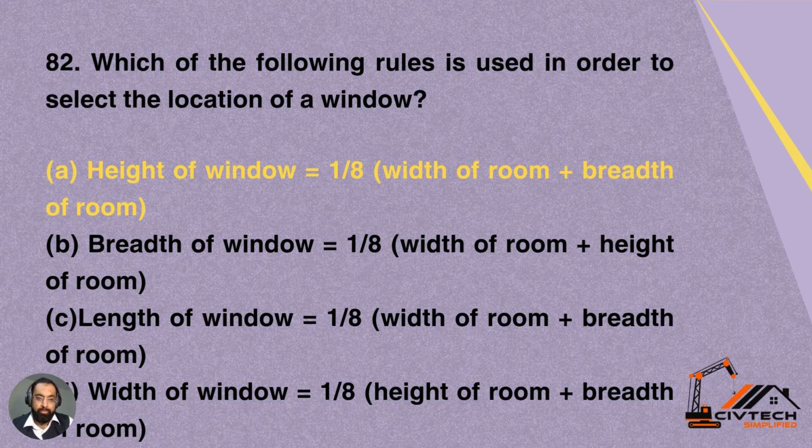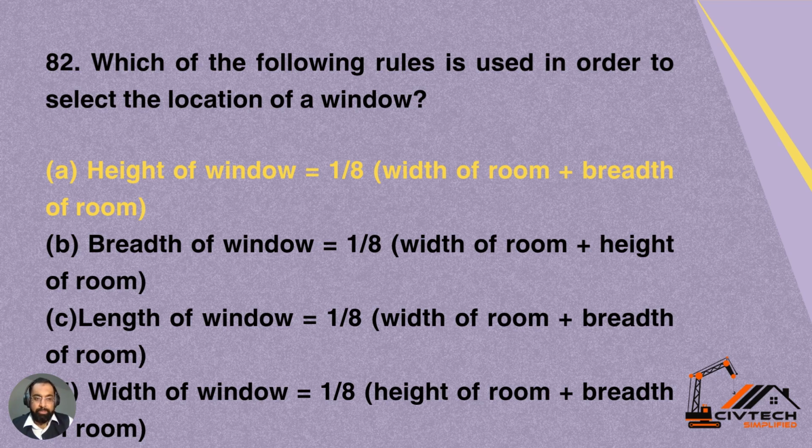Option B is breadth of the window should be equal to 1 by 8th into width of the room plus height of the room. Option C is length of the window is equal to 1 by 8th into width of the room plus breadth of the room. While option D is width of the window is equal to 1 by 8th of height of the room plus breadth of the room.